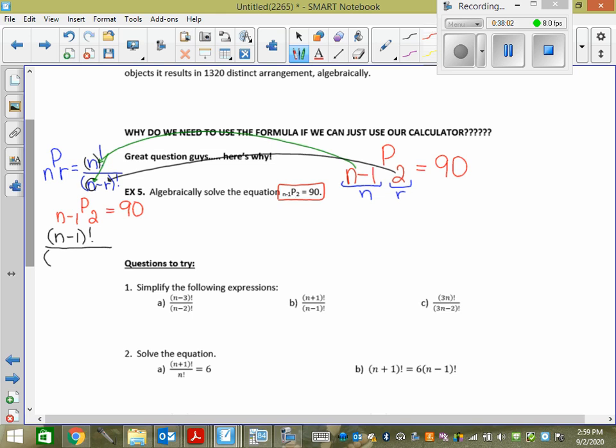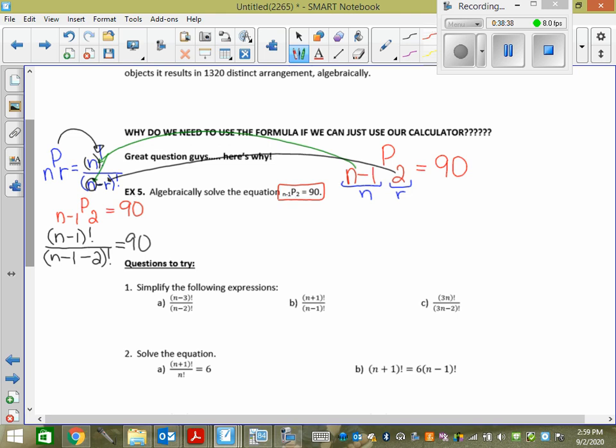Instead of n here, I'm going to fill in n minus 1. n minus 1 minus, right? The r, and the r is a 2. Bracket factorial. So I literally just filled this in for the n and this in for the r of this formula. And it's going to equal 90. So instead of writing the n minus 1 P2, I could write it in this formula, because that's what it says I can do.